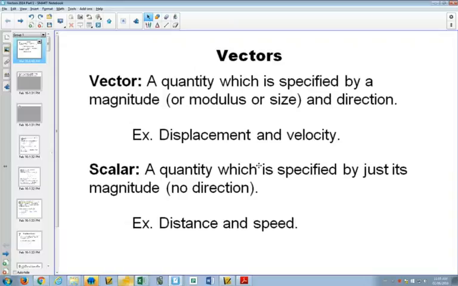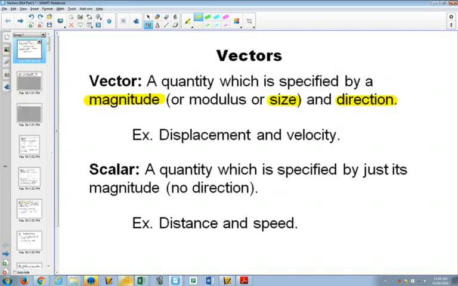All right, vectors. So the key thing about a vector is that it has a size and a direction. Those two things together make something a vector.